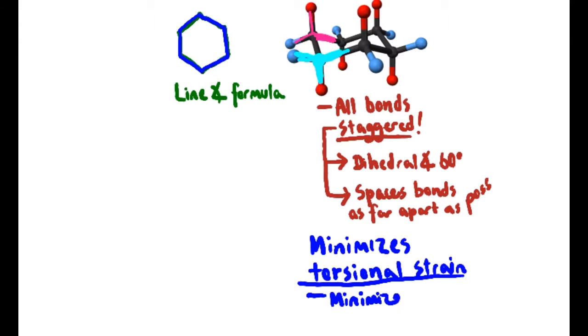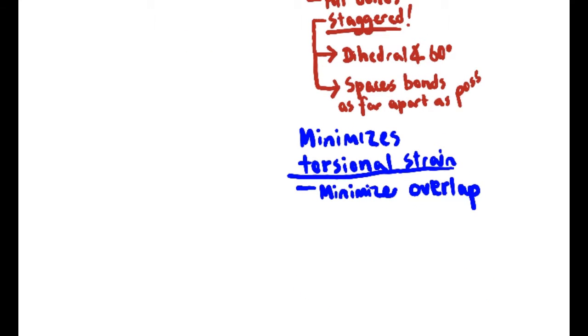Certainly having atoms that are really close together in space is going to make the molecule less stable. So we're minimizing the overlap of atoms, and we're minimizing the overlap of unfavored electron orbitals.